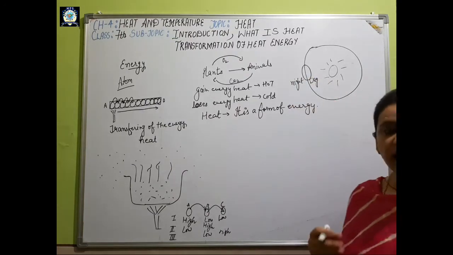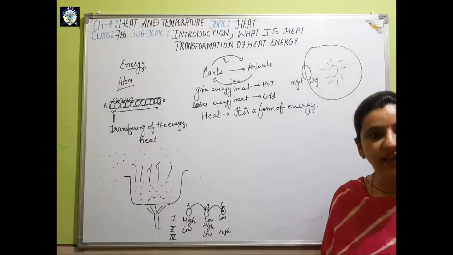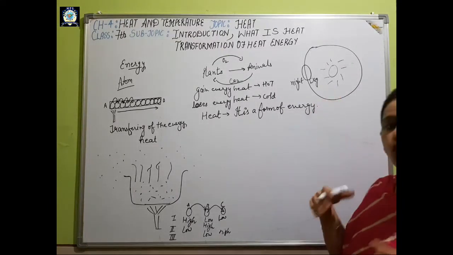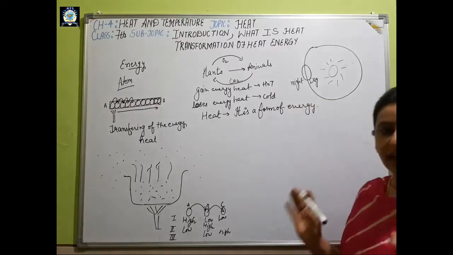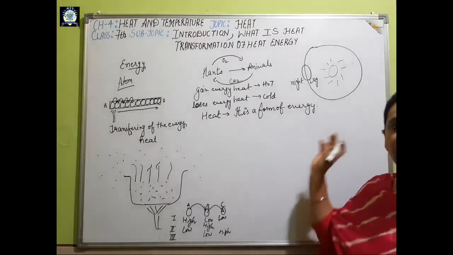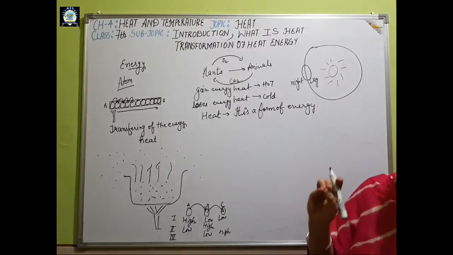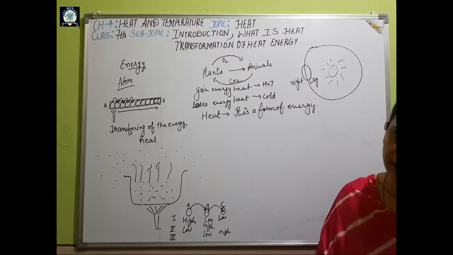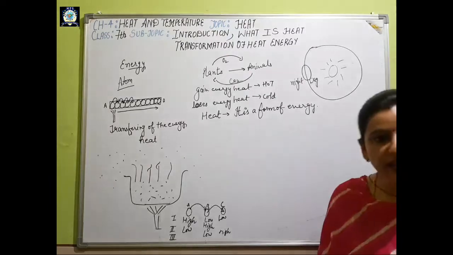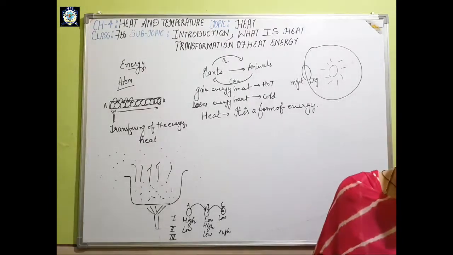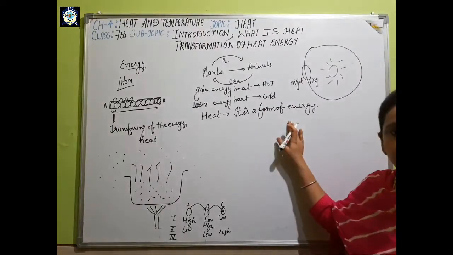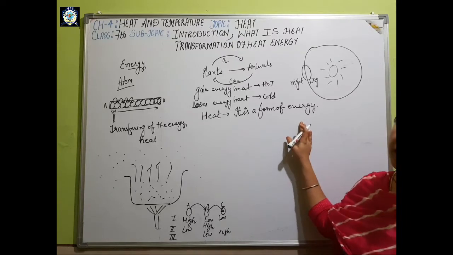And we know that in the daytime the heat is there, the light is there, so that's why the day is warmer than the night, because in the night no heat and light is there, but in the day heat and light is there, and the sun is just transferring its heat and light energy to the earth, and earth objects or earth material is just gaining that heat and light energy and experiences this energy transfer. So here it is proved again that heat is a form of energy.